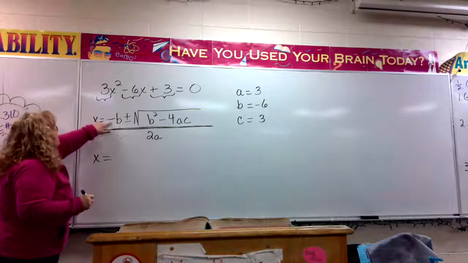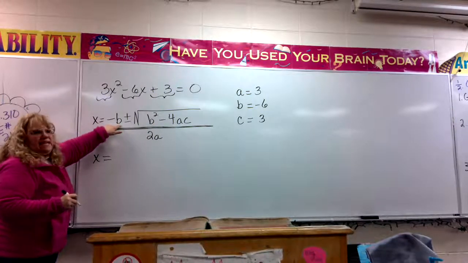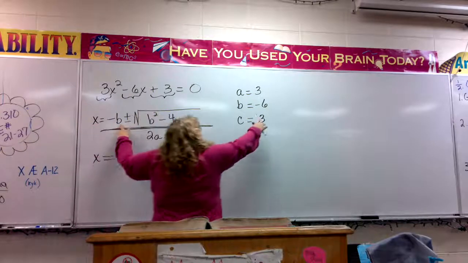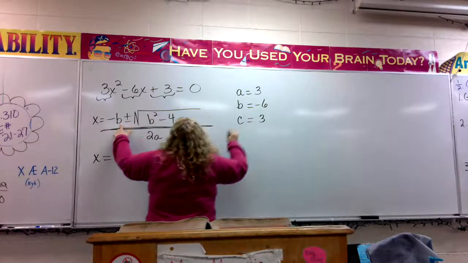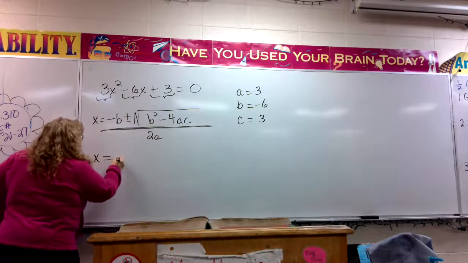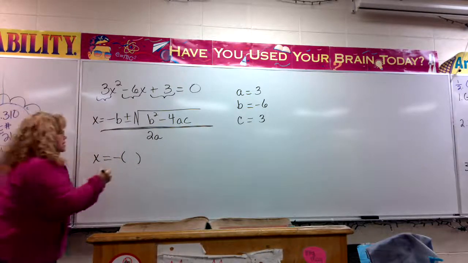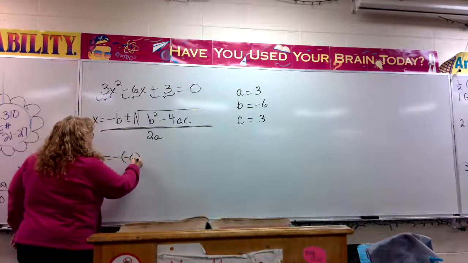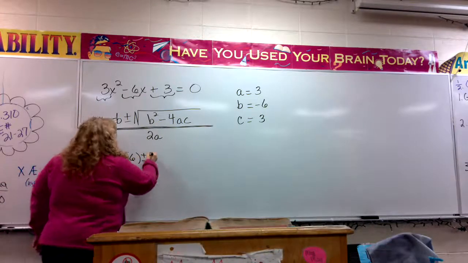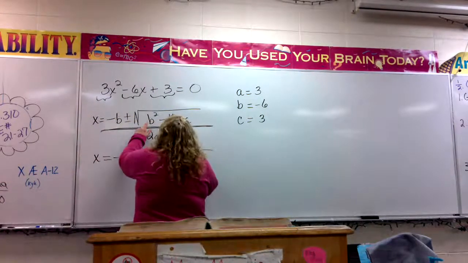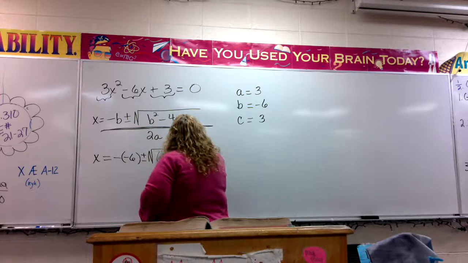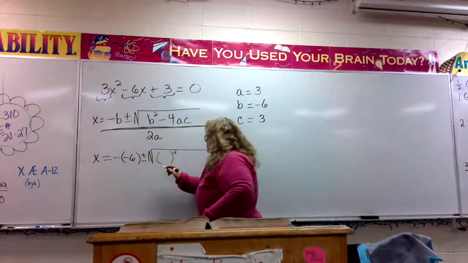Start with -b, but be careful because I have -b, but what is b? -6, plus or minus the square root of b squared. What's b?